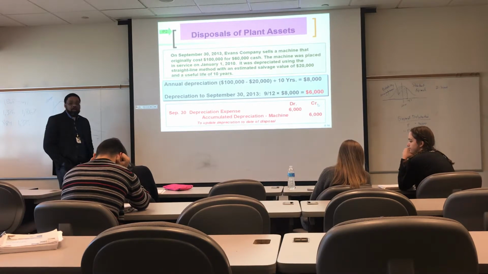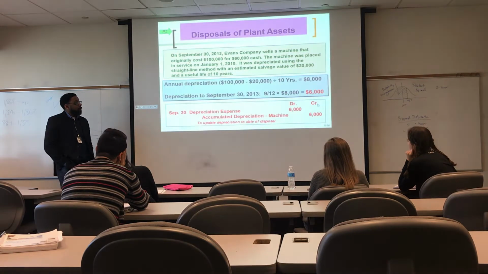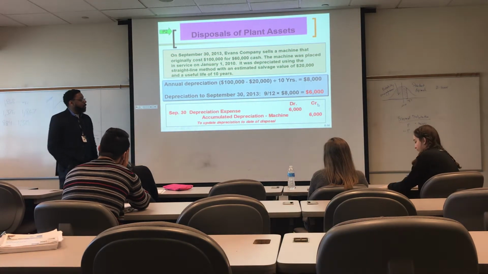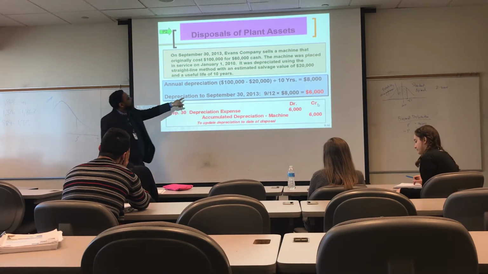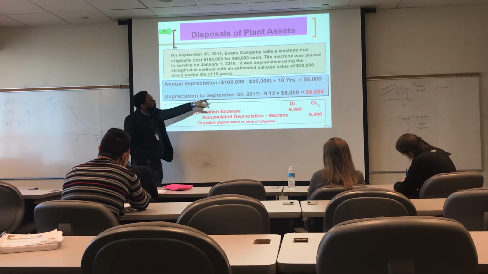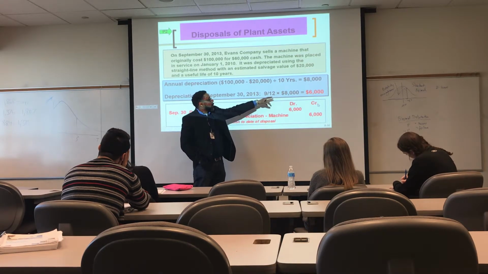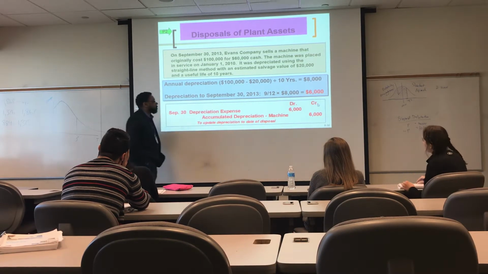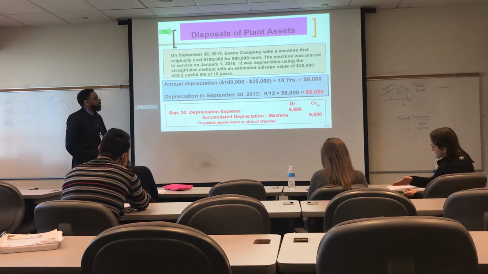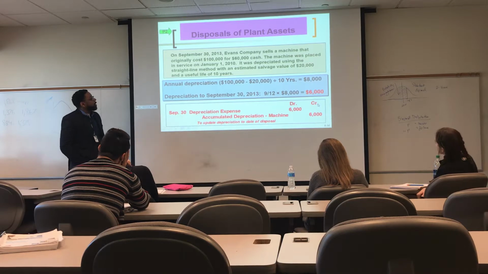Annual depreciation: $100,000 minus the $20,000 divided by the 10 years is $8,000 a year. Depreciation as of September 30, 2013, when they sold: September is the 9th month, so 9 divided by 12, which is 75%, times $8,000 is $6,000. So you would take out the $6,000 for that year.